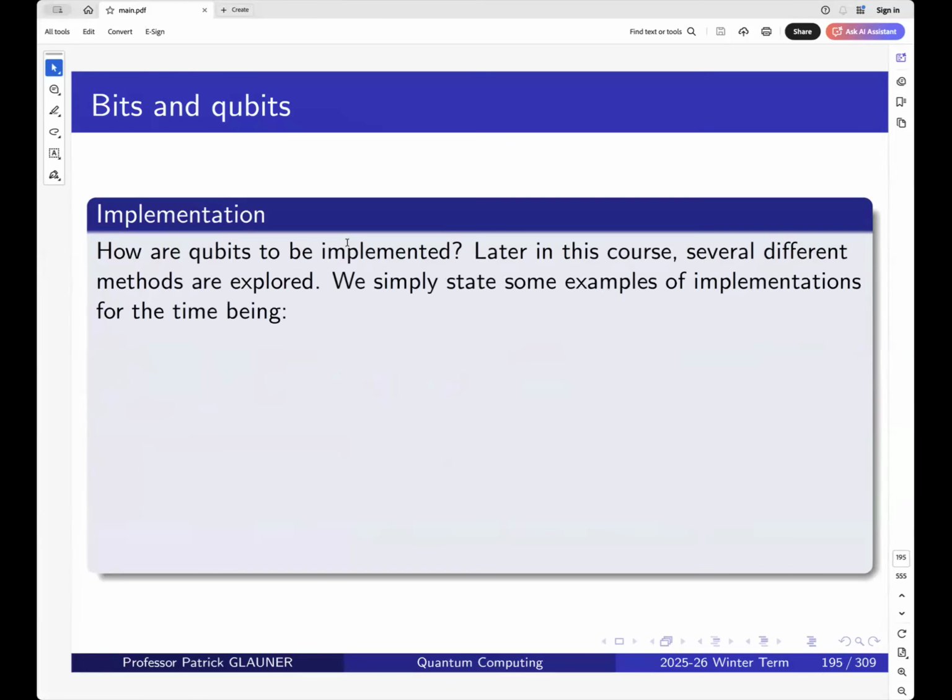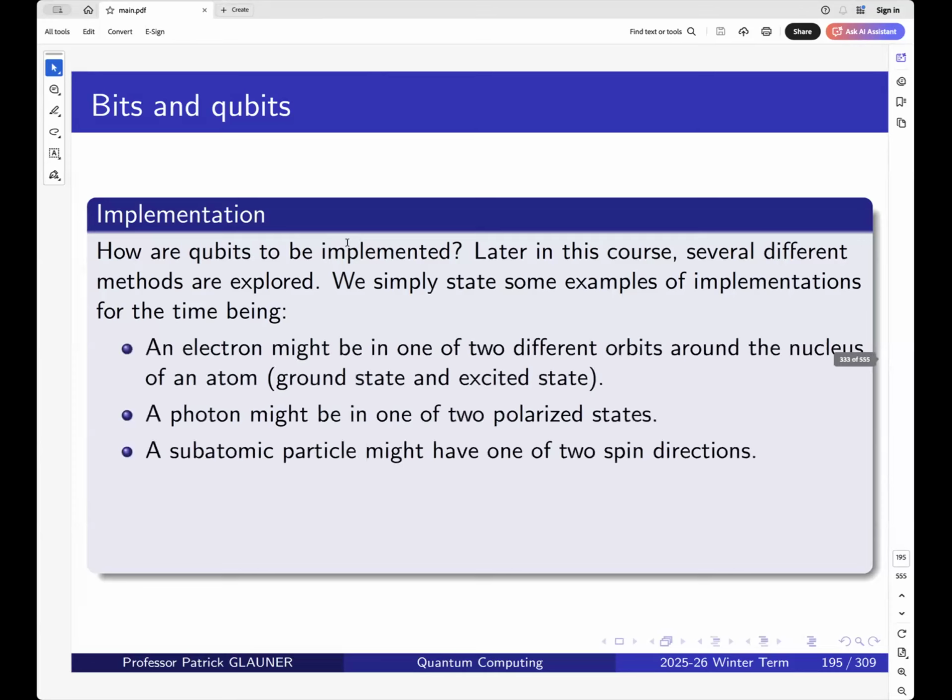Now, we've seen this from a purely mathematical perspective. One question is how all of this could be implemented in a concrete computer. In a few chapters, we will look at concrete quantum computers, and we will see different implementations.